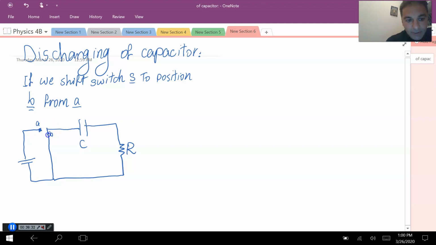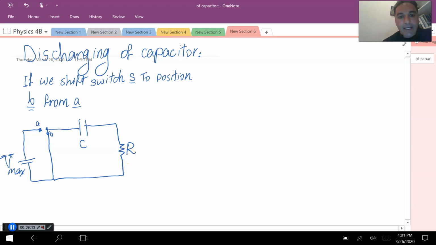Position B was here, correct? And this is Vmax. Now the capacitor is not connected to the battery anymore. The capacitor is fully charged, so this fully charged capacitor acts like a very strong battery that will be discharged very quickly, very fast, inside this resistor.